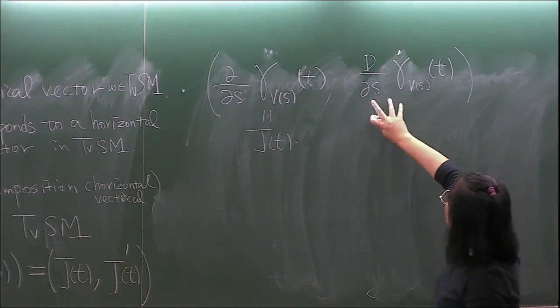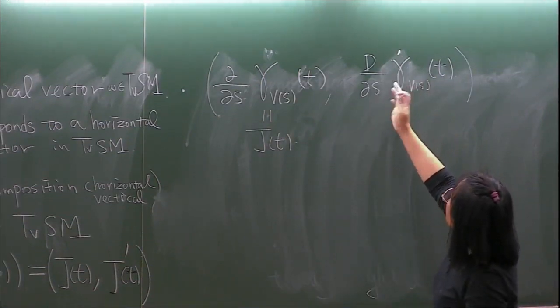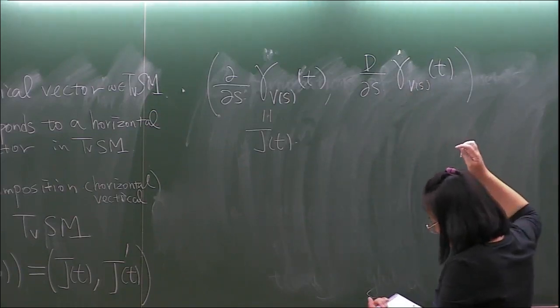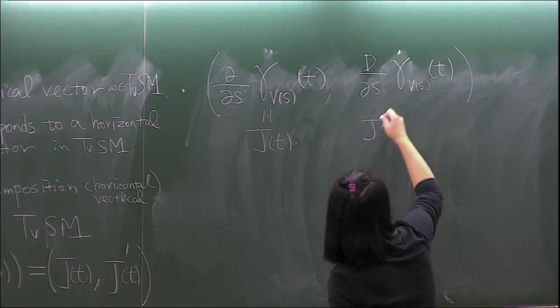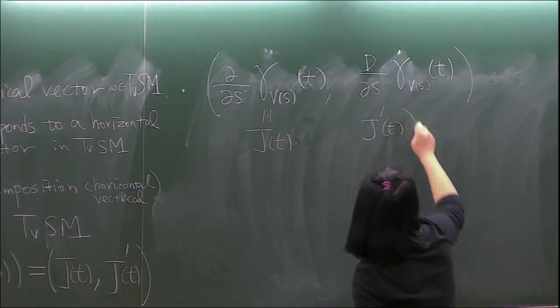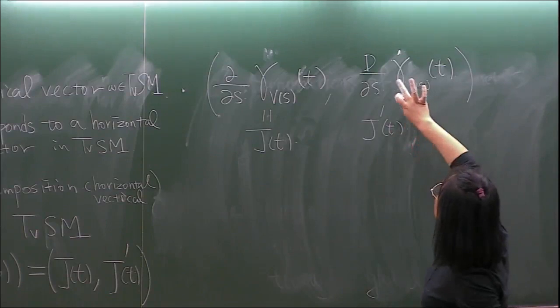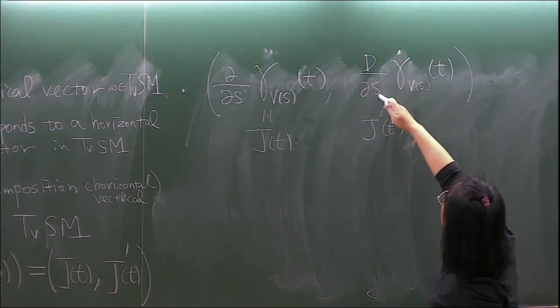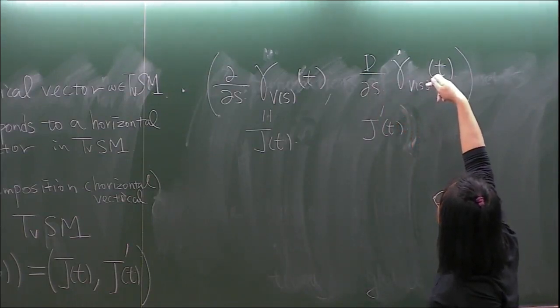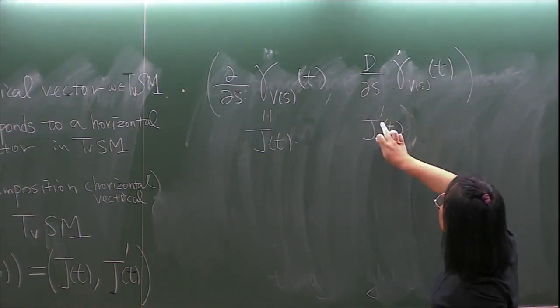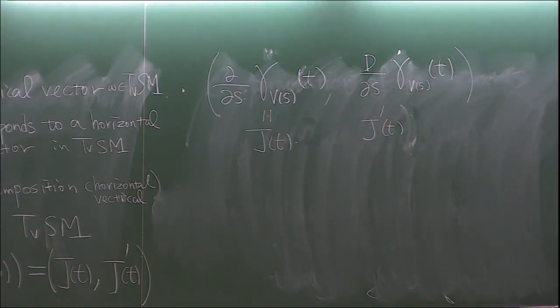And this you can exchange the derivative in s and t, then you get what? This is just J_t prime, right? You can exchange the order of differentiation. So the differential in s is just J_t, then you take the differential in t, put prime here. So, okay, this is basic.